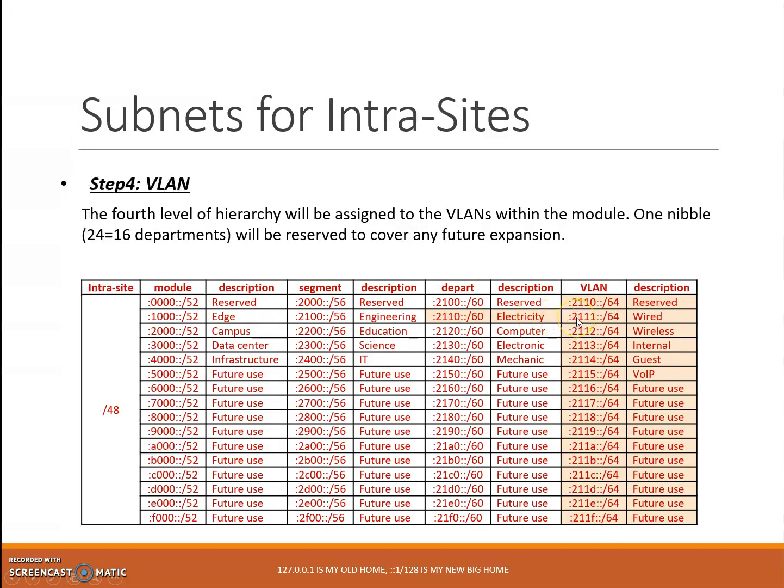So this is 2, that means campus module, 1 engineering segment, and 1 electricity department, and 1 is the wired VLAN, 2 wireless VLAN, 3 internal VLAN, 4 is the guest VLAN, and 5 refers to the VoIP VLAN.